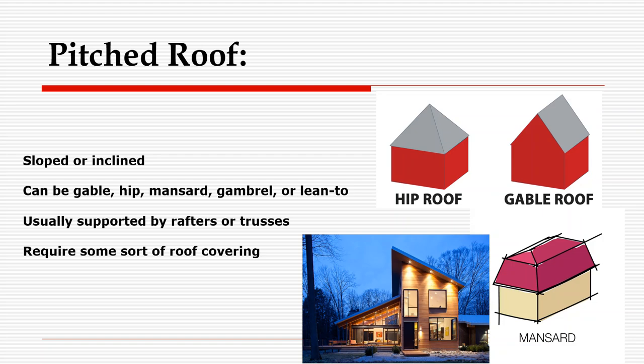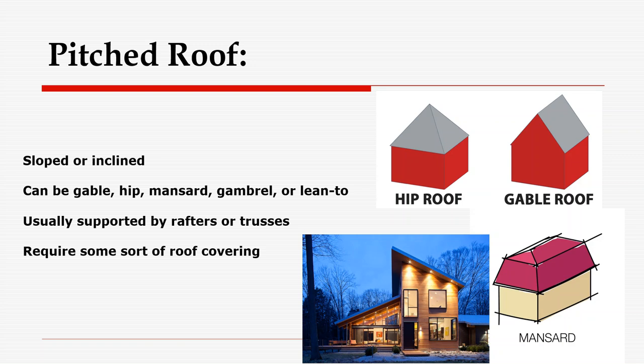So here we have different types of pitched roofs. We've got hip roof. We do have houses that have this hip roof. We have gable roofs. We have mansard roofs, and then we have lean-to roofs, like you see in those modern homes.